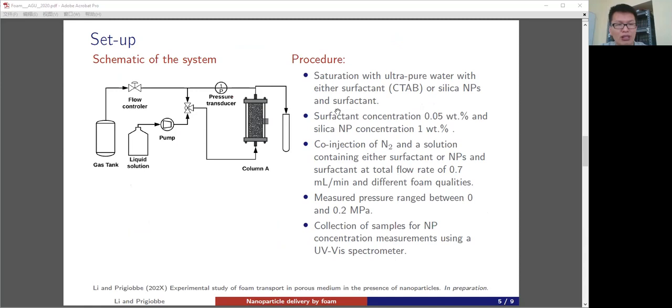Then samples were collected and characterized by UV-vis to analyze the concentration of nanoparticles in the effluent. And the system was continuously monitored with temperature and pressure probes.